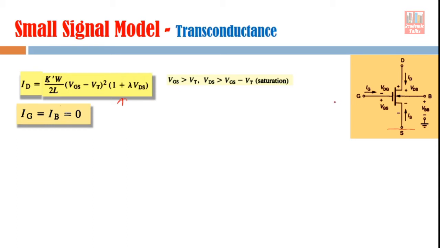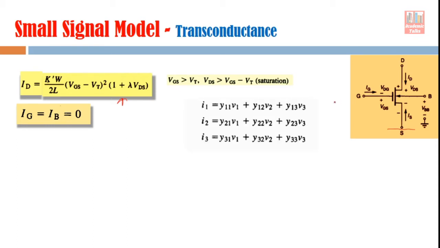Now most of the time we use this kind of general set of equations, and from these general set of equations we will see what we can do. If it is a 3 terminal device, then we can write 3 general equations for the currents, and the currents are dependent on all the 3 terminal voltages which are possible in the device. The 4th terminal is grounded, so that's why it is not shown here.